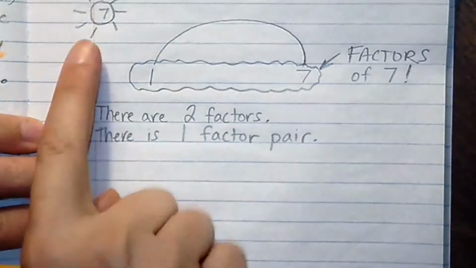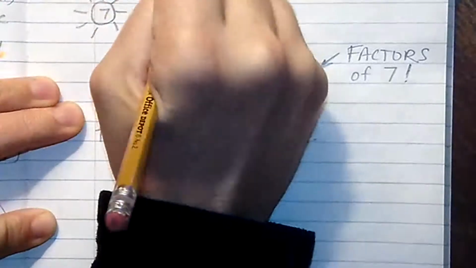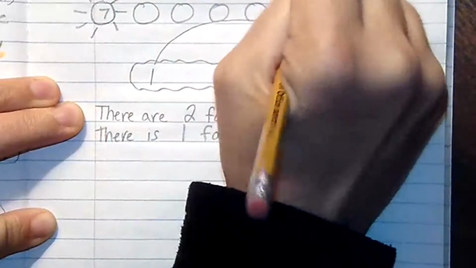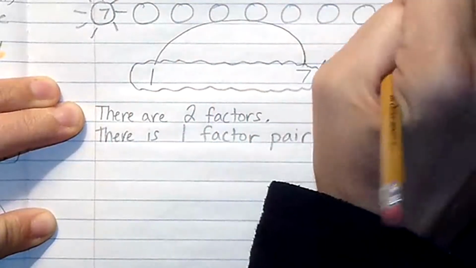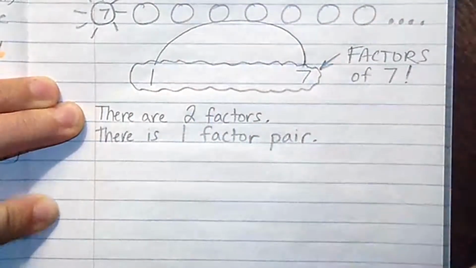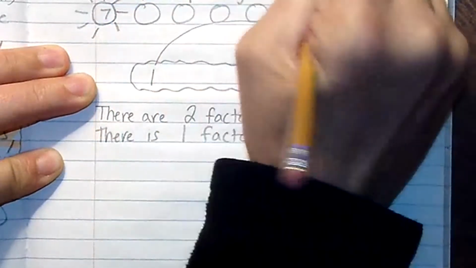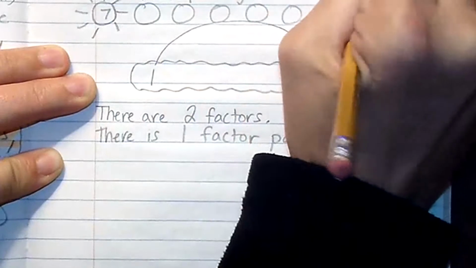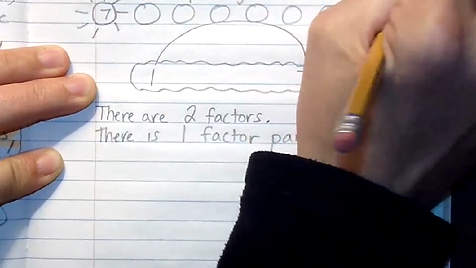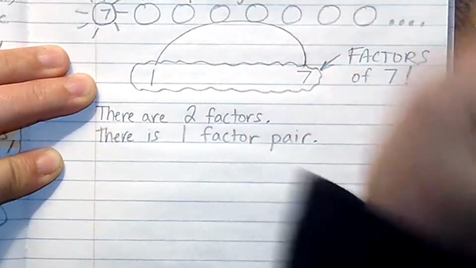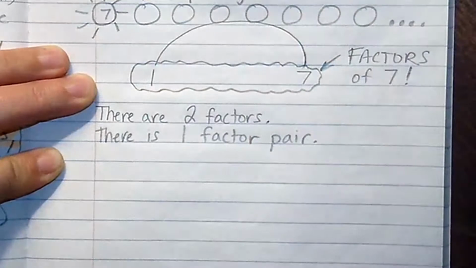Now, I could still list multiples because what do we know about the multiples? On and on and on and on. Multiples go on forever. Never-ending multiples.